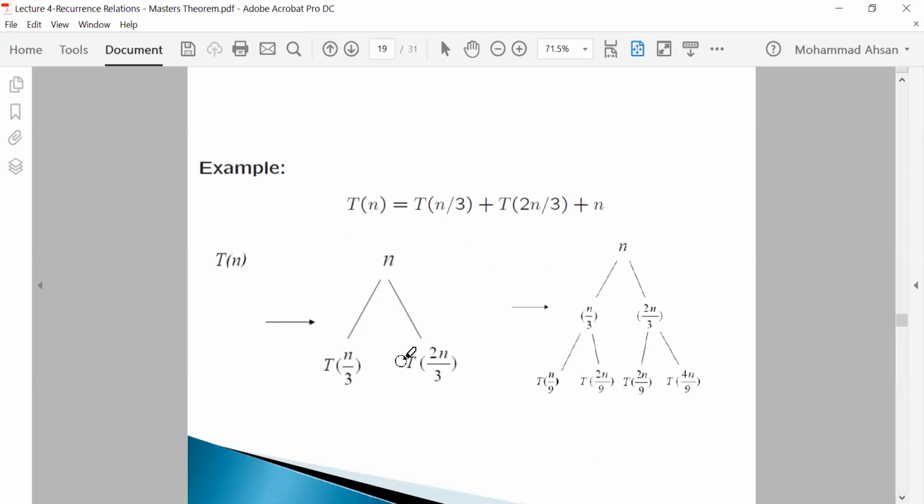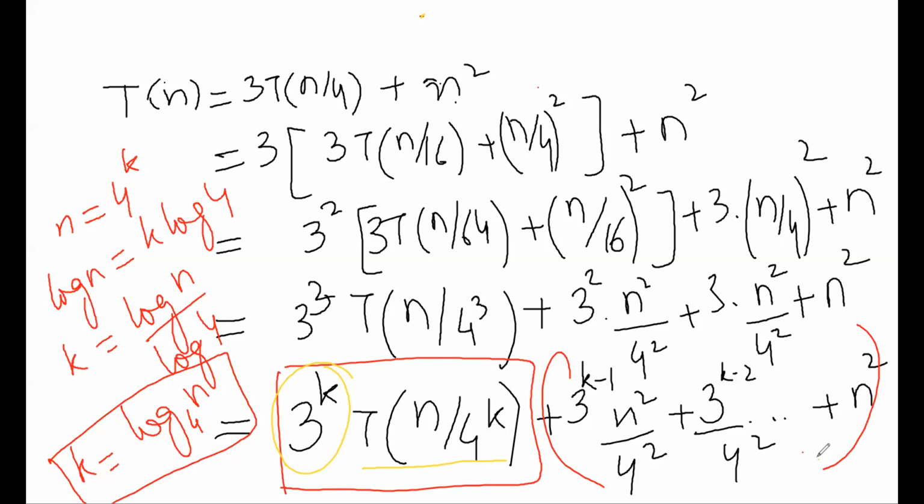okay, let me write it down. T(n) equals T(n/3) plus T(2n/3) plus n. So if we have this, T(n/3) plus T(2n/3) plus n.